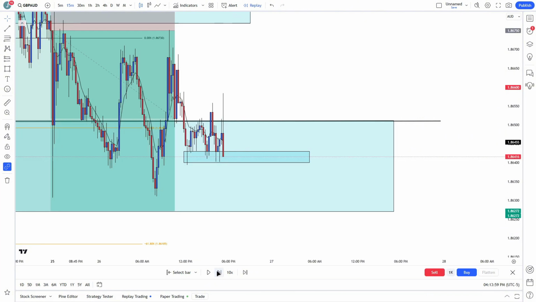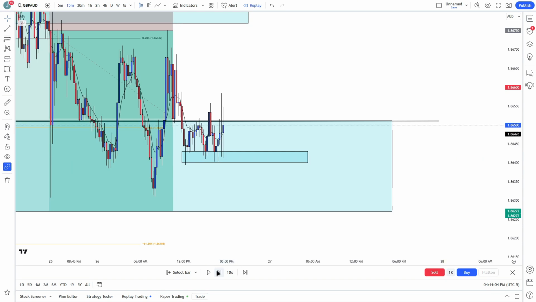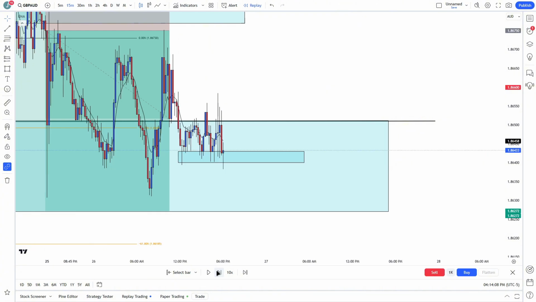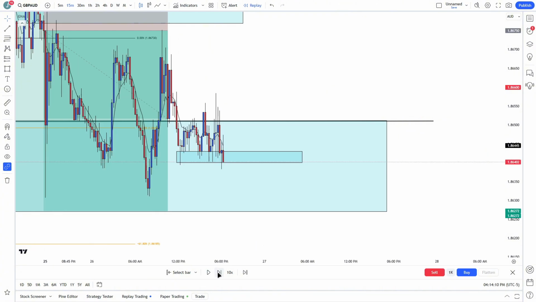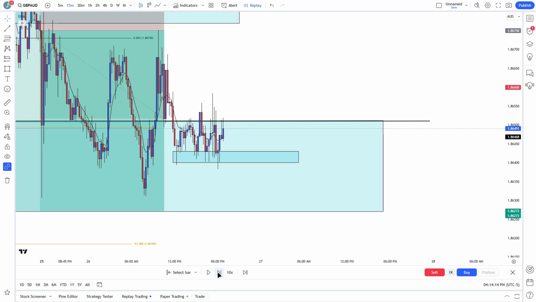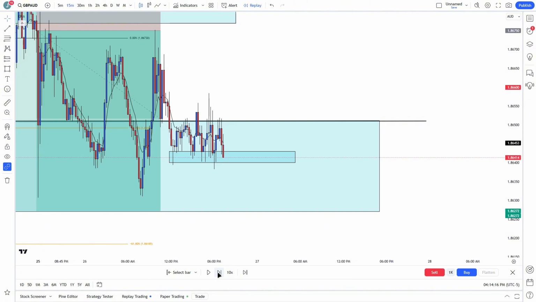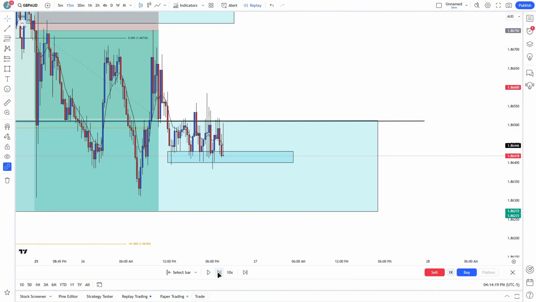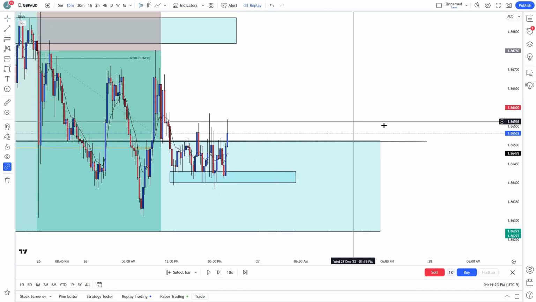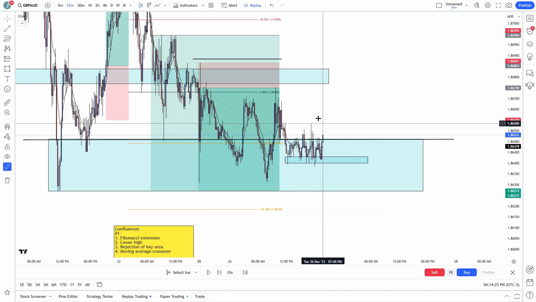Price pushes up again. We see this huge indecision candle. A lot of volatility right now. I want to see a strong breakthrough. Very strong. Okay, I'll enter.